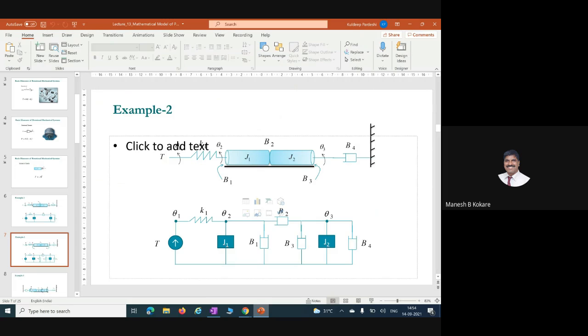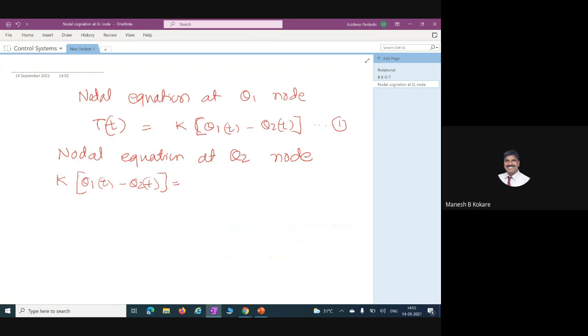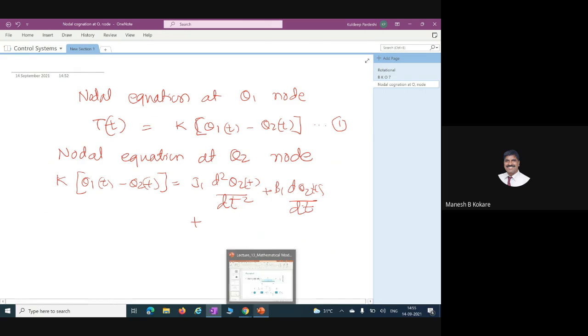We'll write first for J1 and then B1. The torque equation for J1 will be J1 into d2 theta 2 of t by dt square, plus B1 d theta 2 by dt, plus the other element which is connected.